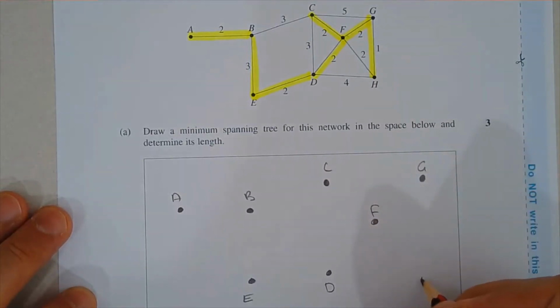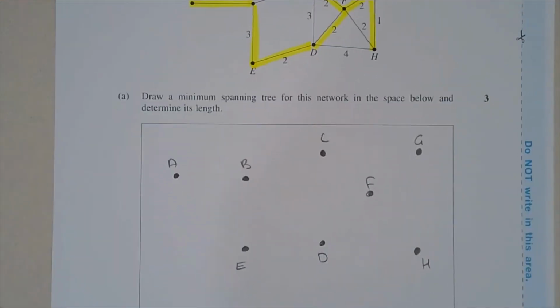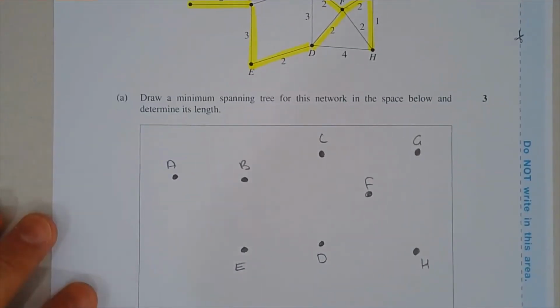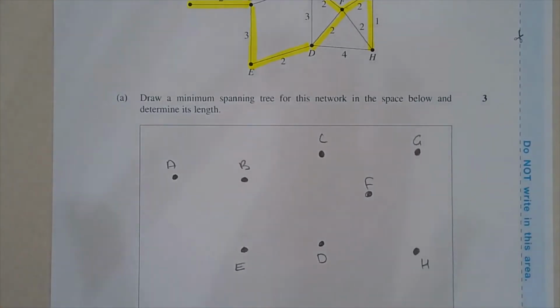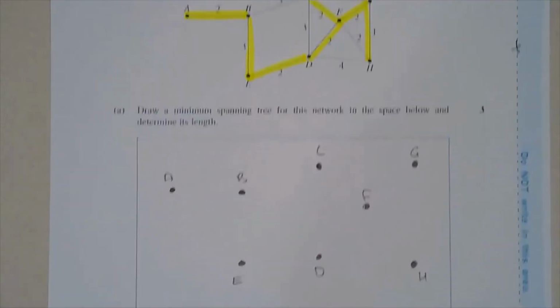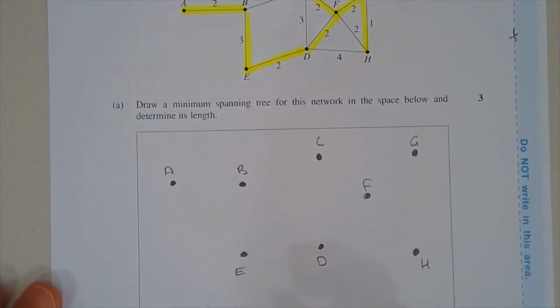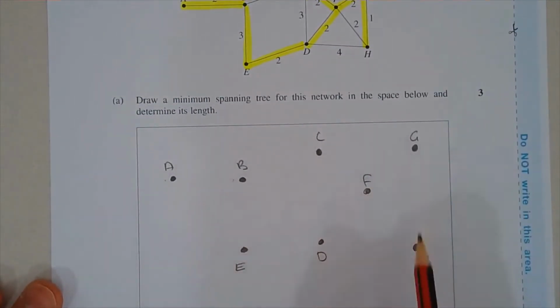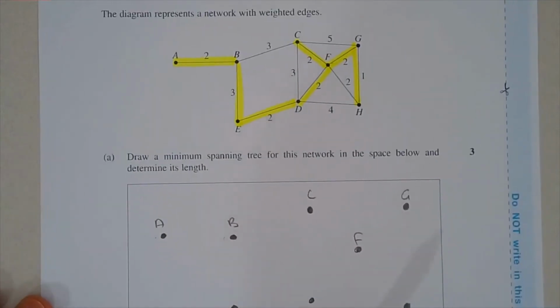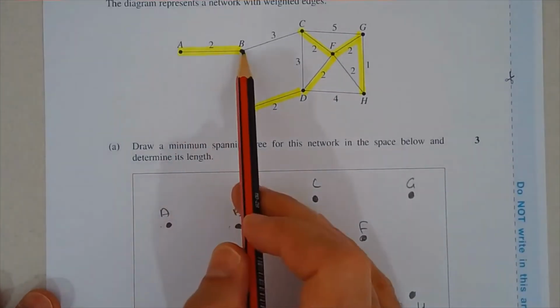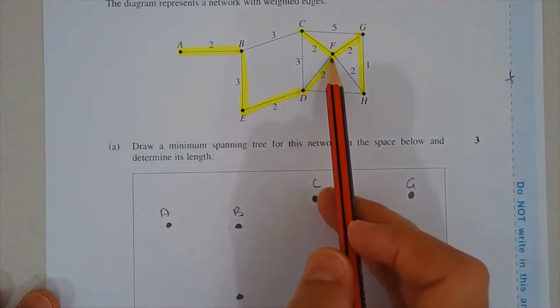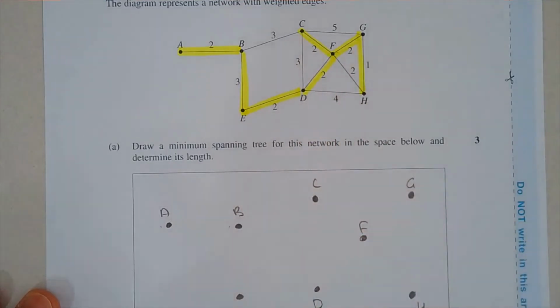And we've got H there. One way to make sure you've done the right thing is to count the vertices: 1, 2, 3, 4, 5, 6, 7, 8 vertices, so there should be 7 edges: 1, 2, 3, 4, 5, 6, 7.